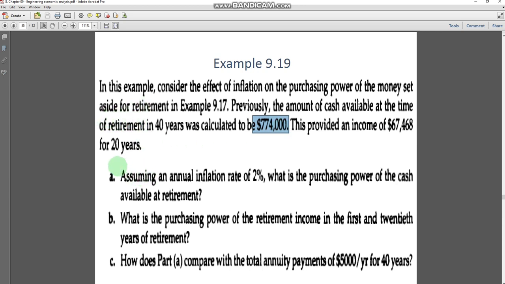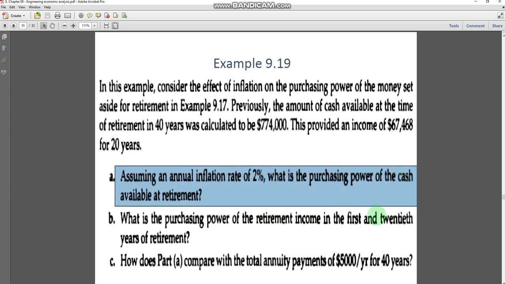Now, assuming an annual inflation rate of 2%, what is the purchasing power of the cash available at the retirement? If there is an average inflation of 2%, what should be the purchasing power of the cash available at the retirement?